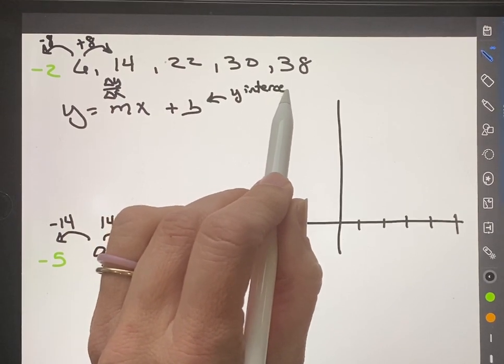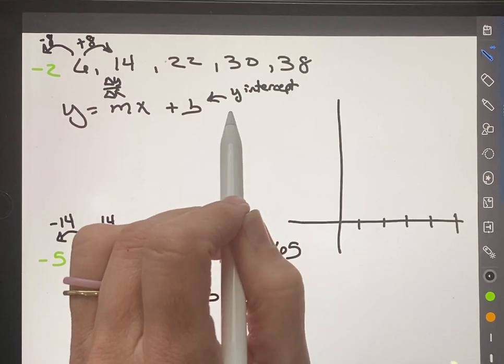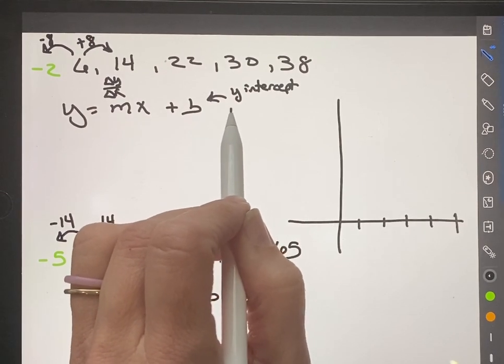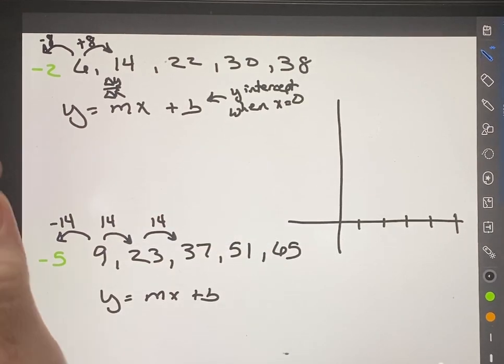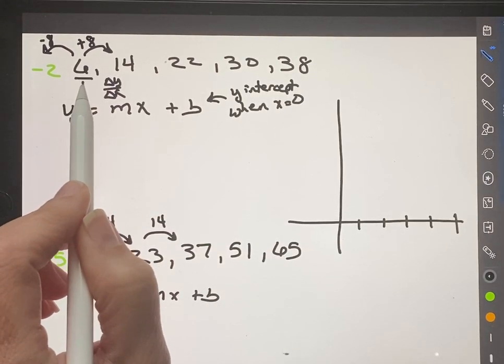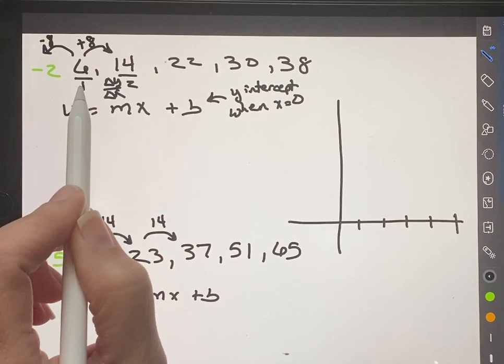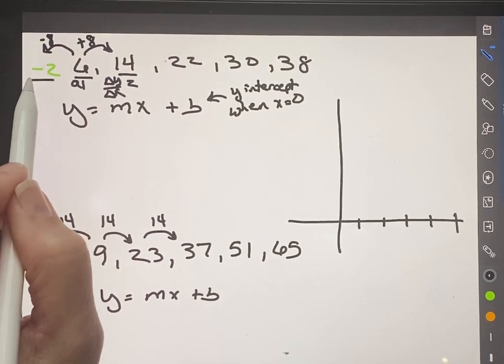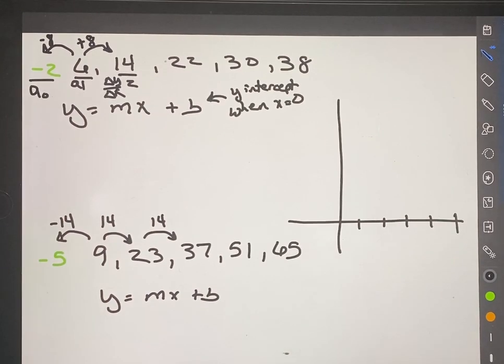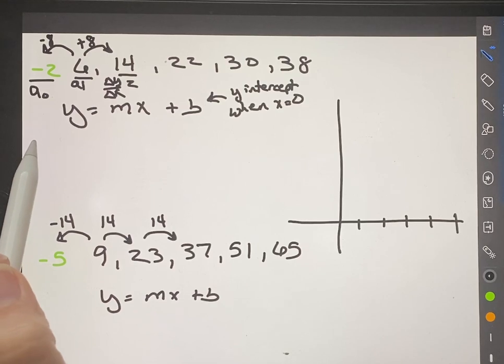Well, what is y-intercept? Y-intercept answers the question when x equals 0. Well, currently we are always starting at x equal to 1. We're always starting with the a sub 1 value. So how would I find my a sub 0 value, which would be when x equals 0?